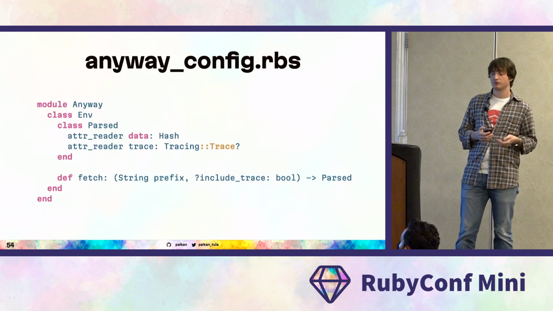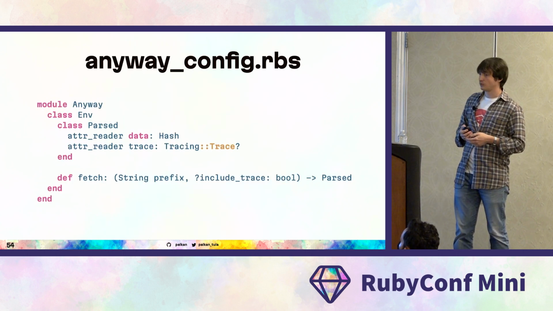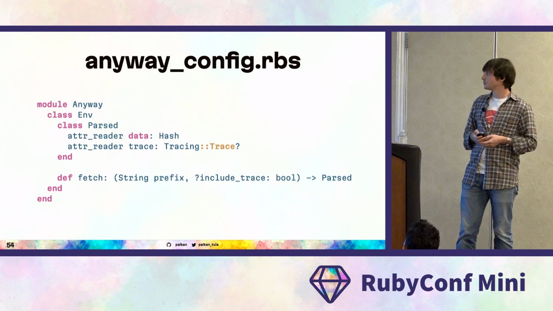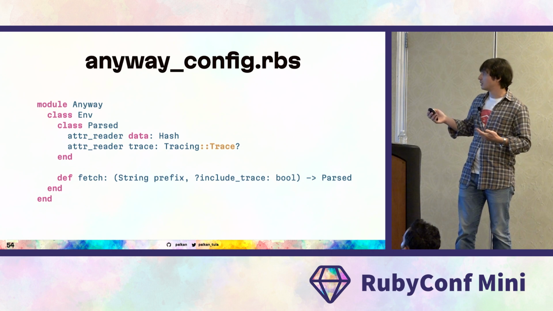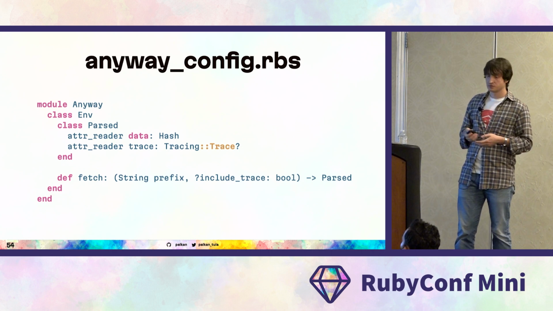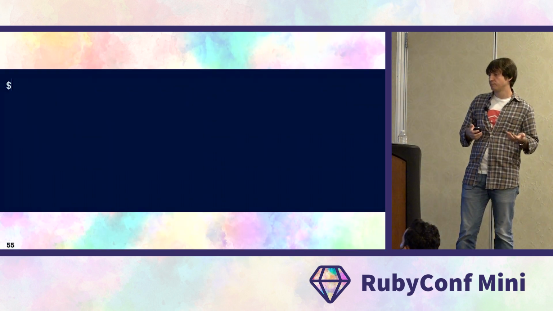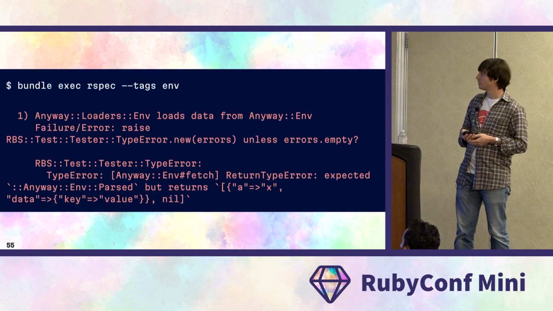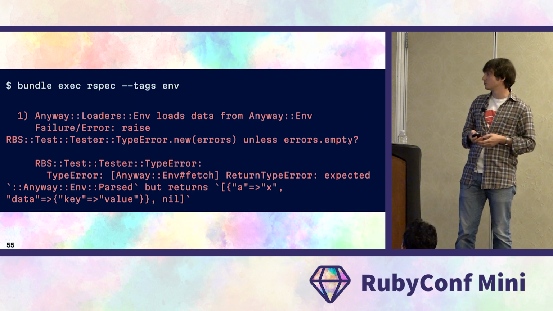I chose AnyConfig not accidentally. One of the reasons was because it has types included into the gem. So I already have my env class covered with types. So I did this patch, and now my tests are failing, and that's great. That's what I was looking for.